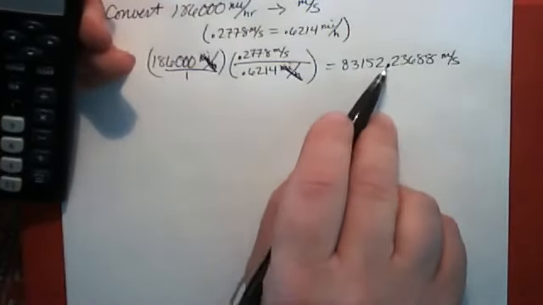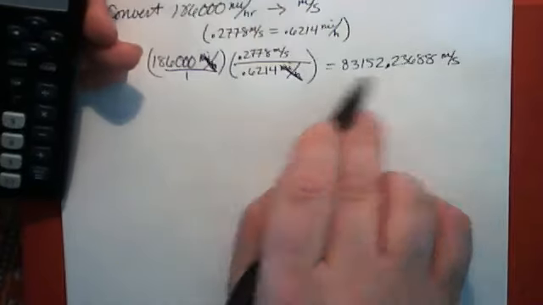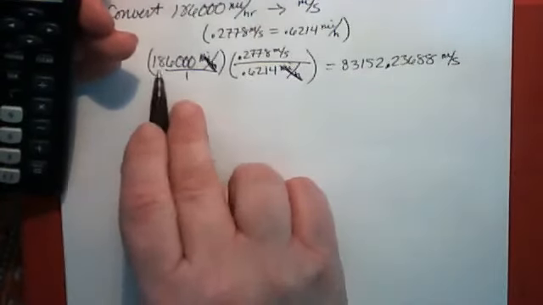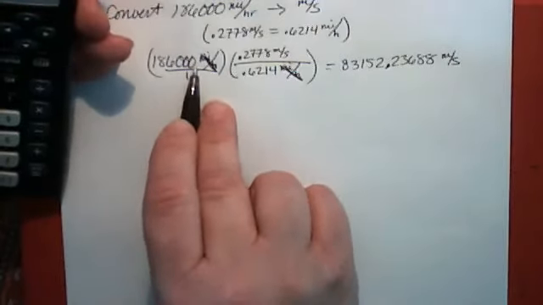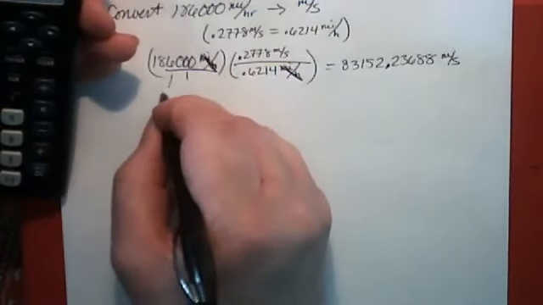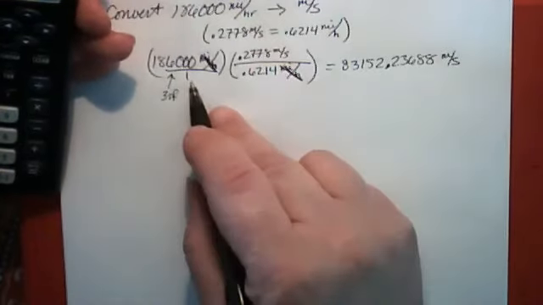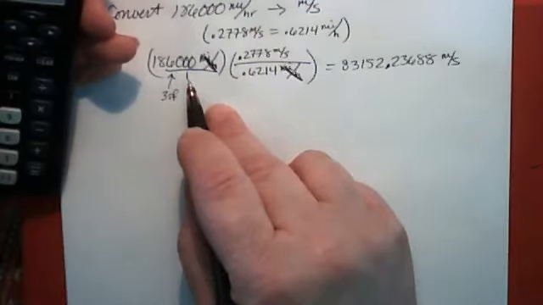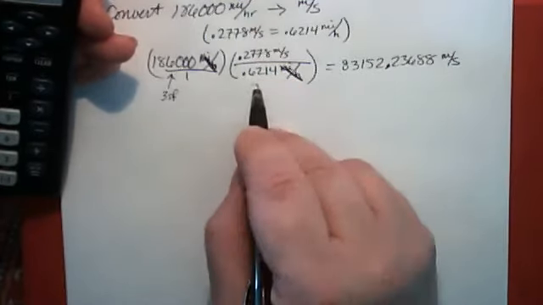Now, about the significant figures. This obviously is way too many, so we're going to need to cut down a little bit. Let's see, 186,000, and there was no decimal point to begin with, so that's 3 significant figures. The 1 is just to show that this was in the numerator, so that's an integer, so it's an exact number, infinite significant figures. 0.2778 and 0.6214 each have 4.